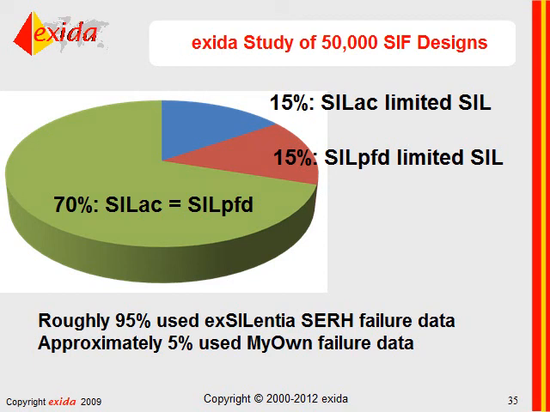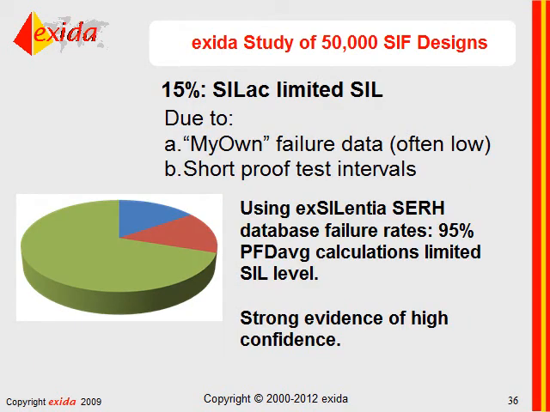We started digging and discovered that many of those failure rates were entered based on cycle testing and other high-demand, continuous demand applications, where the people involved in the analysis just did not understand that you cannot use that information for low-demand applications. That was roughly 5% of the total.